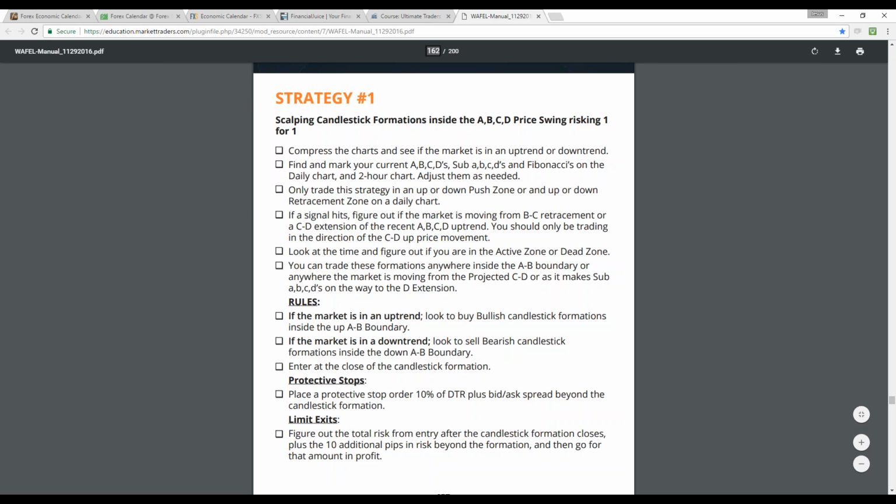Now, strategy number one, which is the first strategy that we will be covering, is called scalping candlestick formations inside the ABCD price swing, risking 1 for 1.